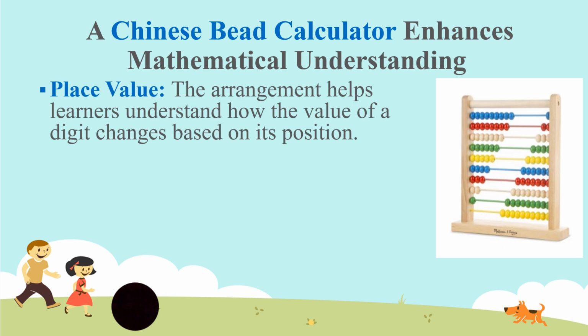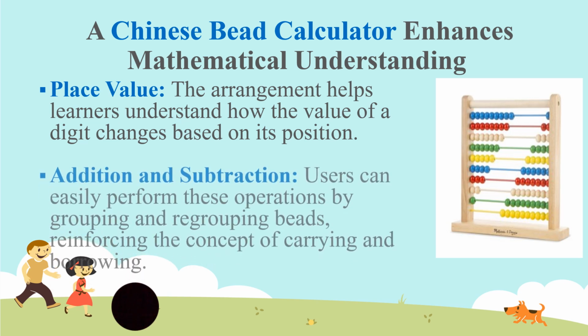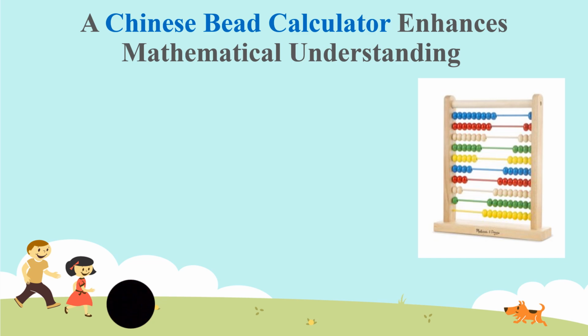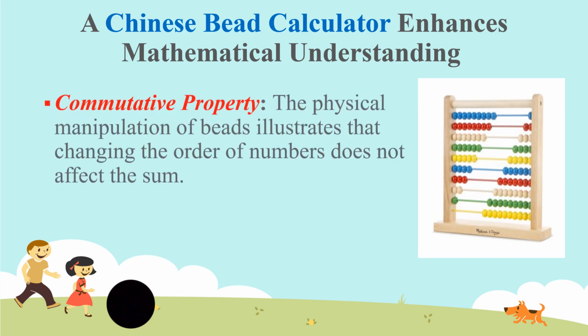place value. The arrangement helps learners understand how the value of a digit changes based on its position. Addition and subtraction. Users can easily perform these operations by grouping and regrouping beads, reinforcing the concept of carrying and borrowing. Commutative property.